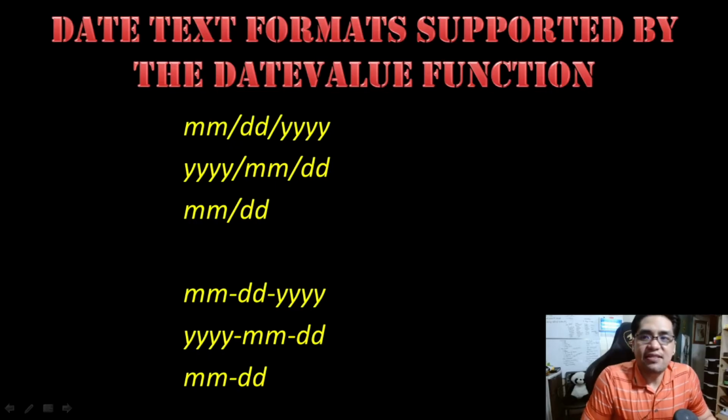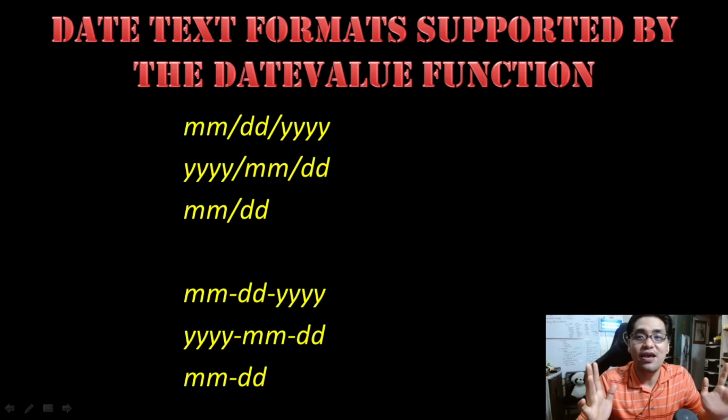So what kind of date text formats are supported by the date value function? You have here the following date formats. For those who are viewing from their computer or even from their cell phone, you may want to take a screenshot of this particular screen so that you have a guide as to the kind of date text format supported by the date value function.